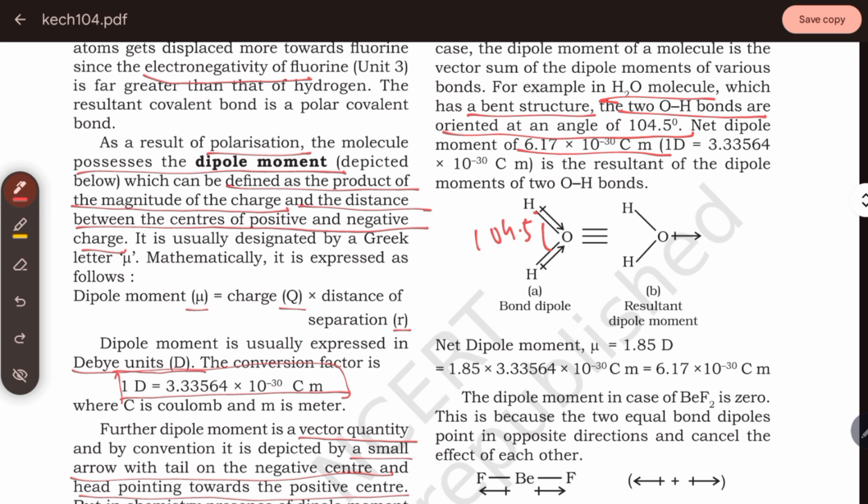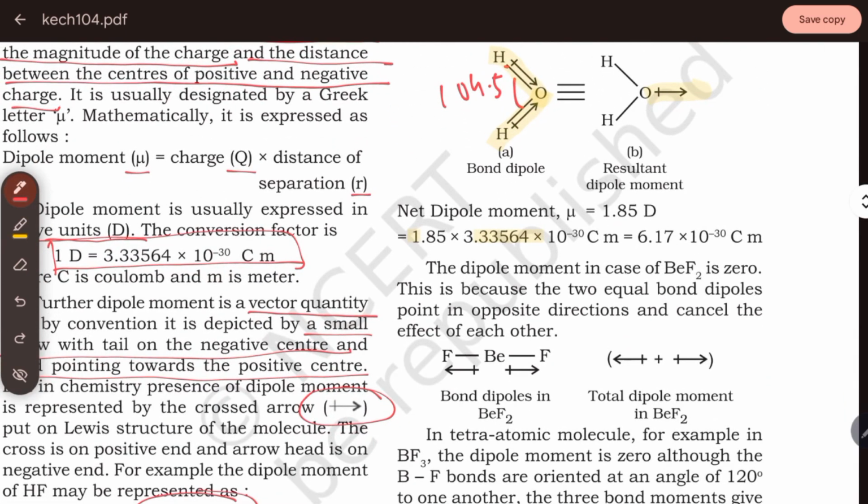It is the result of the dipole moments of the two OH bonds. Individually, this is the bond moment, HO, and here again HO is the bond moment. And this is your resultant dipole moment, which is a vector quantity, charge into distance between the charges. This is how the dipole moment is represented.